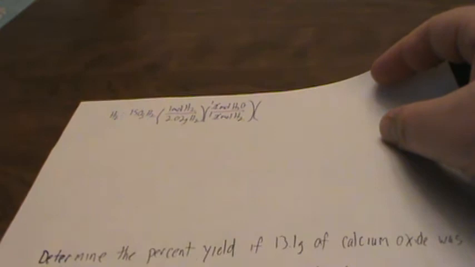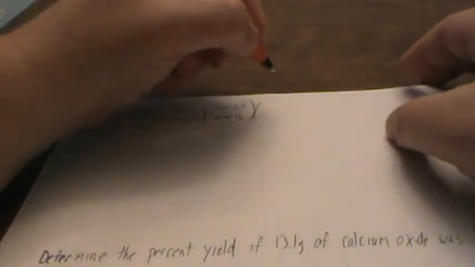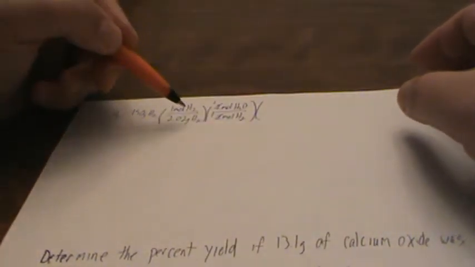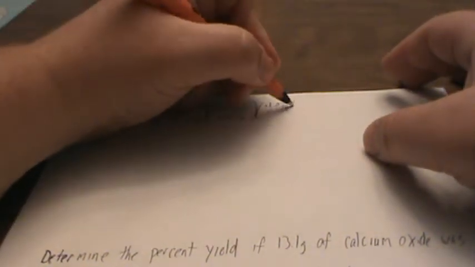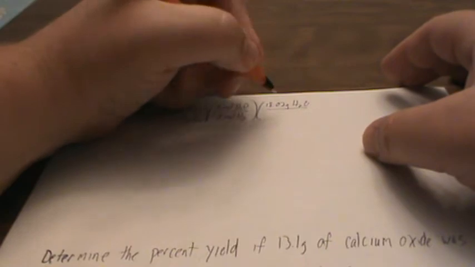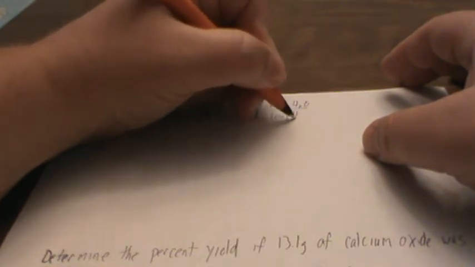Then we're trying to figure out how many grams of water we're going to get from the reaction. So the last step is to go to grams of water. That's our amount. So the mass of water, we have 2 hydrogens, 1 oxygen. So 2.02 plus 16, 18.02 grams H2O over 1 mole H2O.